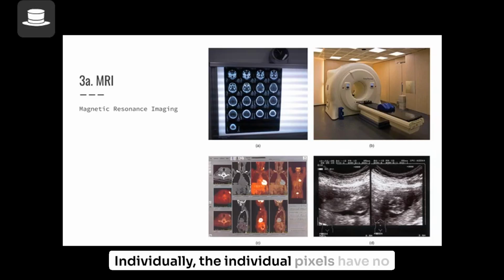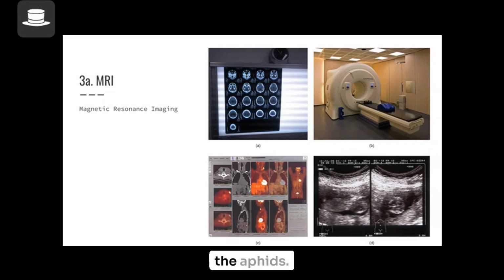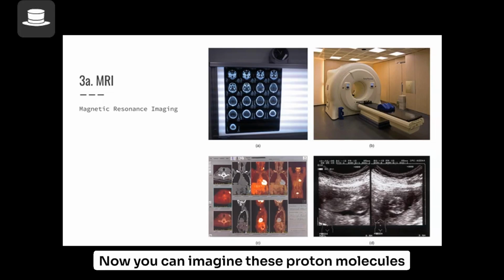Individually, the pixels have no real connection to the Eiffel Tower itself, but together they give the complete picture of the Eiffel Tower. Now you can imagine the protons as these pixels, giving the complete picture of the brain. Now, again, MRI is not just used for the brain.